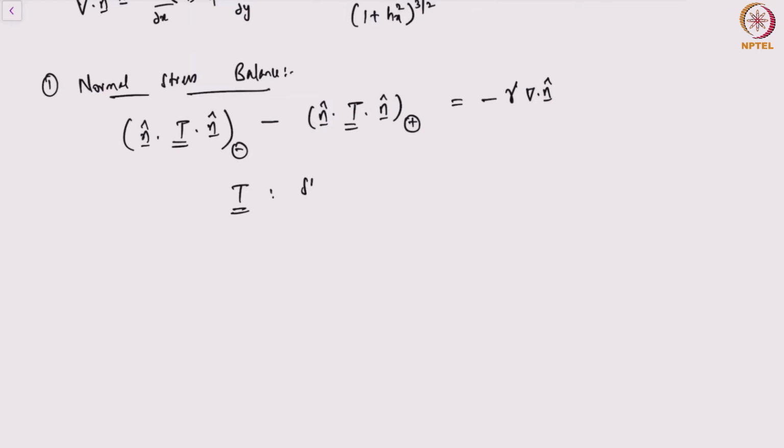T is the stress tensor, and this is nothing but a pressure part plus a strain rate part, or the viscous part. Okay, so S is the strain rate tensor and I is the identity tensor.